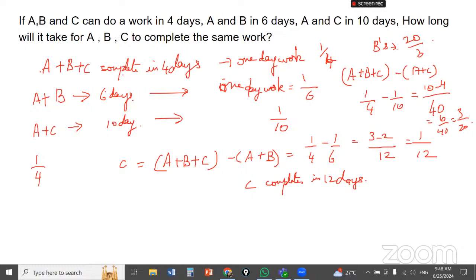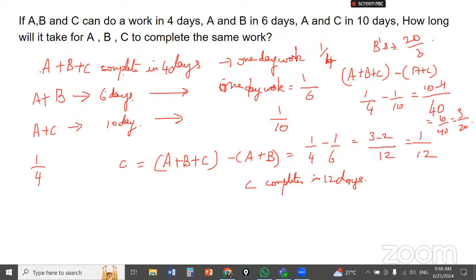No need to round it off. We need to find the individual time of the work done by A, B, and C. Yes, Srivatsan. Usually in time and work, you can't put it in decimals or round it off, because 20 upon 3 means you'll be putting it as a mixed fraction, that is 6 2 by 3.